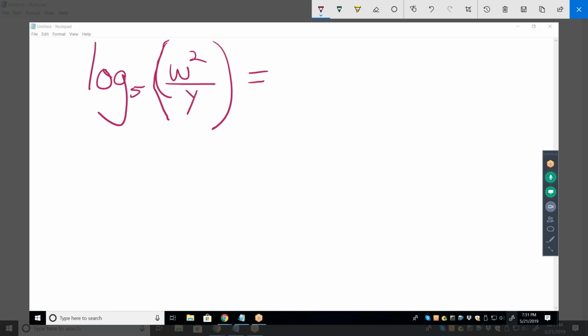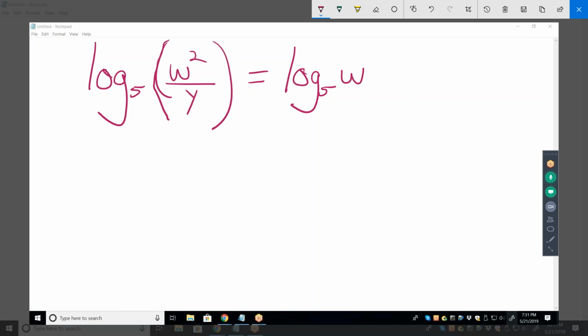So first, you're going to split it into two different log functions. What are they? Base never changes. Okay. In fact, if it's a different base, you can't do it. It has to be the same base.